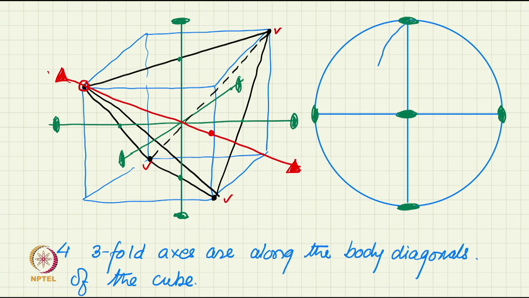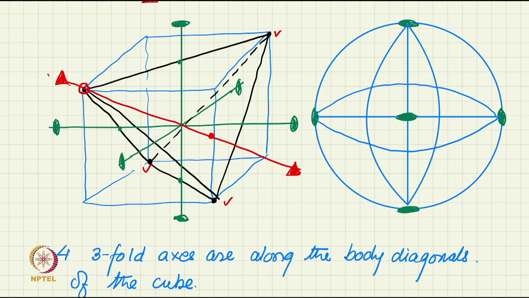Let me not go into the details of drawing these body diagonals. So, the threefold axes, 4 of them are along the body diagonal, and I plot them here.